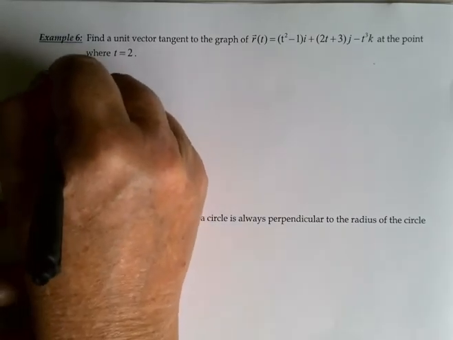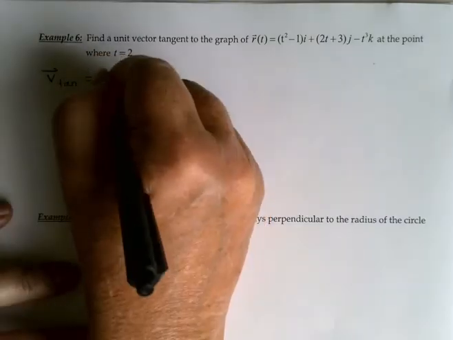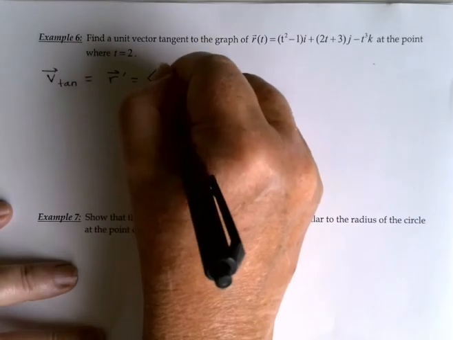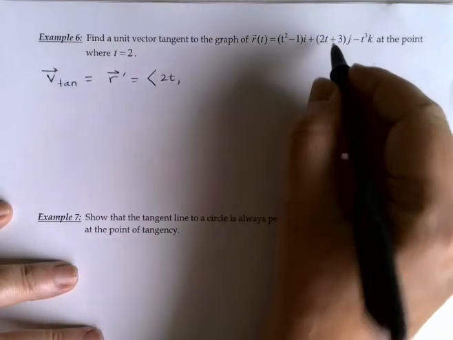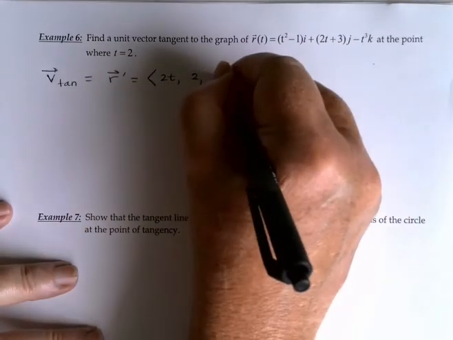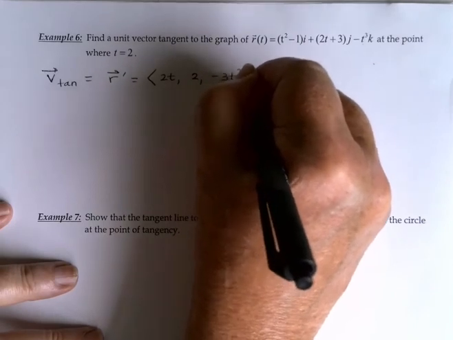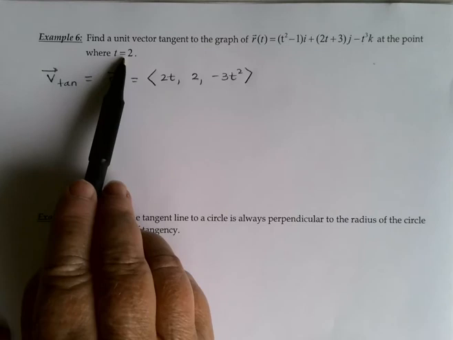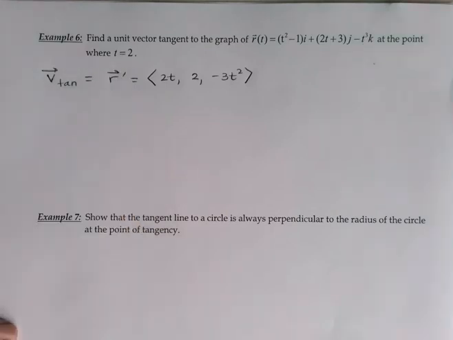We know that the tangent vector is always the derivative. So let's see, our derivative here would be 2t, comma 2, comma negative 3t squared. And this particular time we want to know the vector tangent at the point when t equals 2.